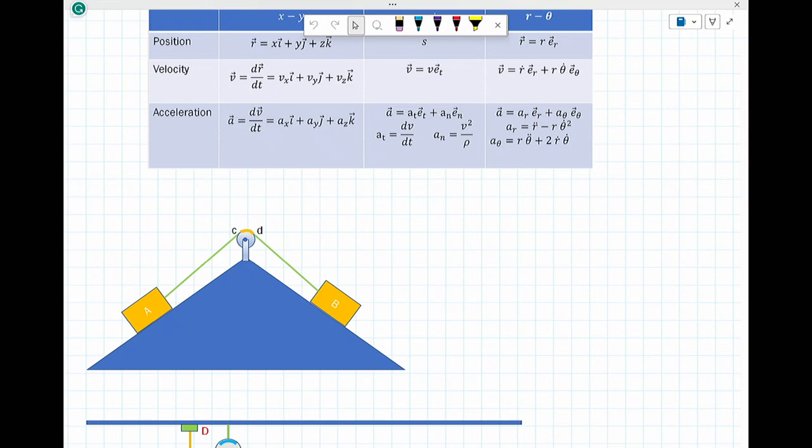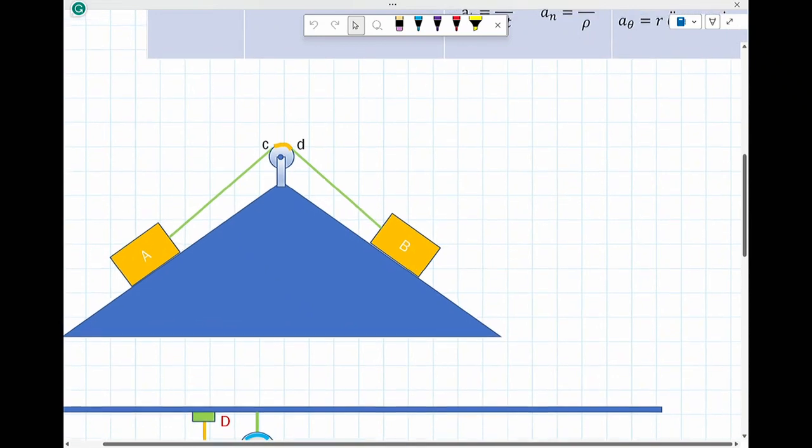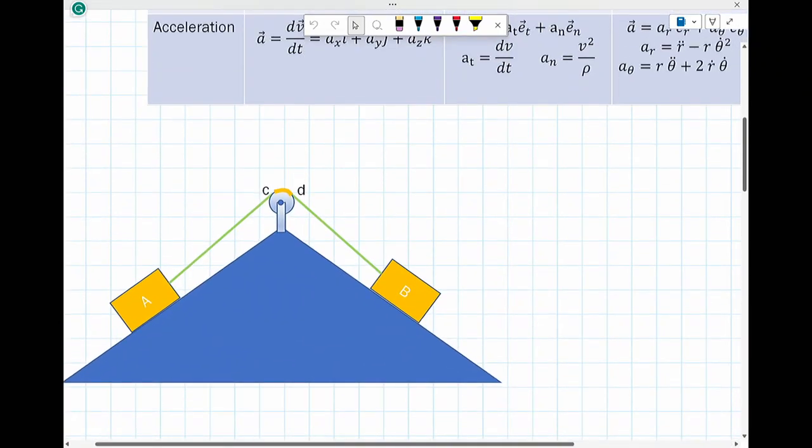So, where we start here is we have two particles that are connected by a cord. Mass A is connected to the cord at one end.